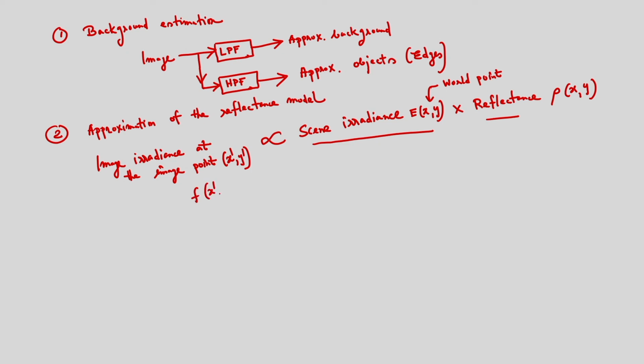The first one is f(x dash, y dash), that is the image, which is the gray value, equal to a constant, suppose k, times E(x, y) times rho(x, y).